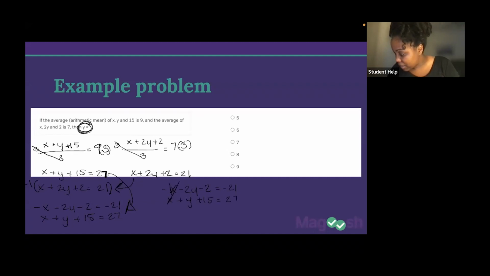All right, now I get rid of my x, and I have negative y plus 13 equals 6. Minus 13. Look, I did all that to get rid of negatives and it did me no good. That means negative y equals -7. That means y equals 7.